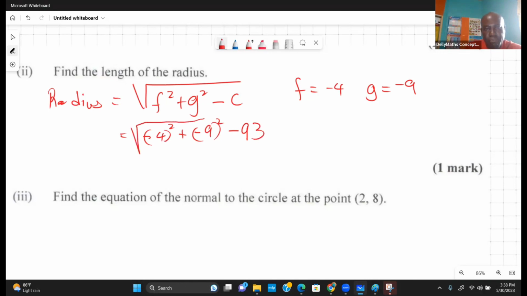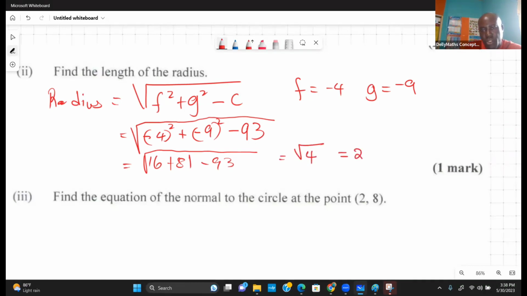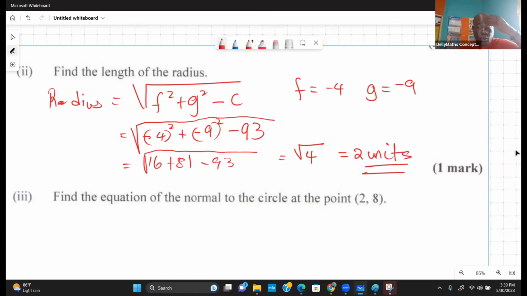So we have 16 plus 81, take away 93. 16 plus 81 is 97. 97 minus 93, we have the root of 4, and the root of 4 gives us 2. So the radius is 2 units. Easily done. 1 mark.